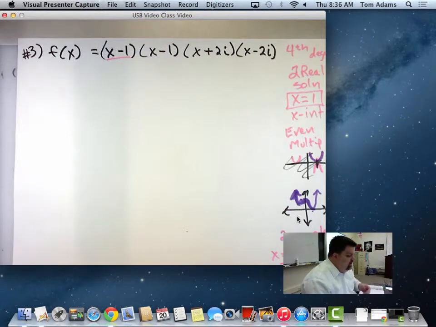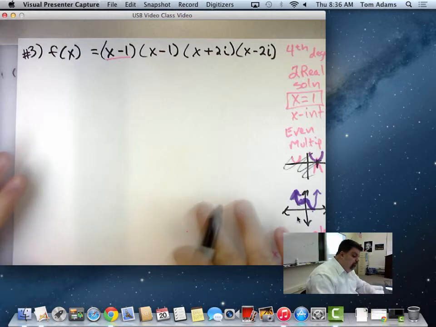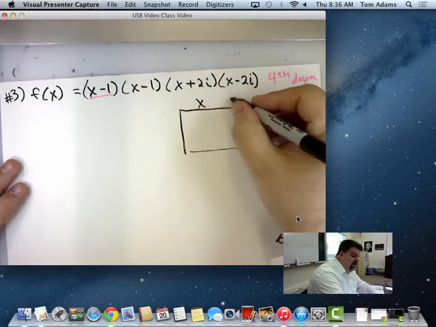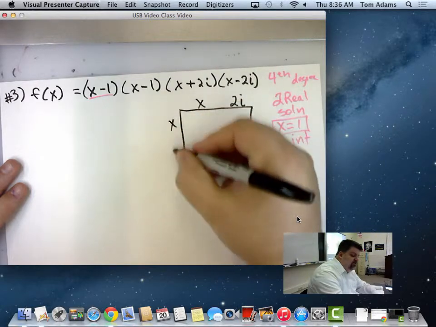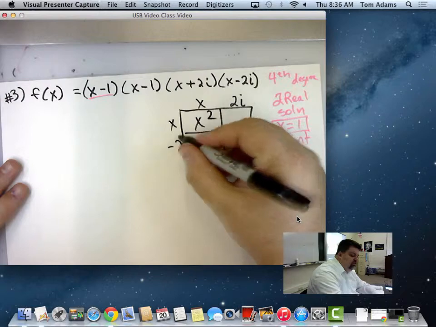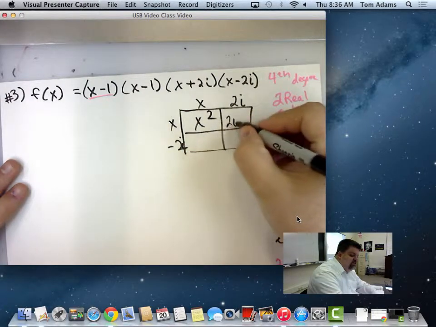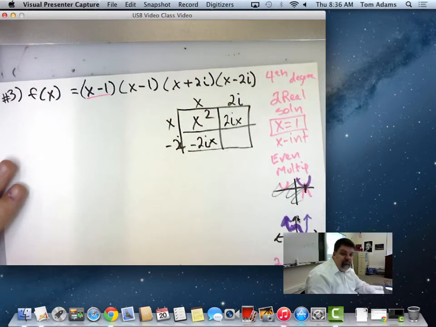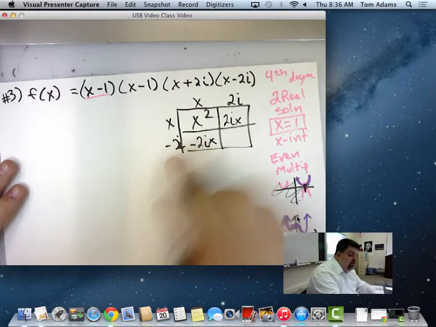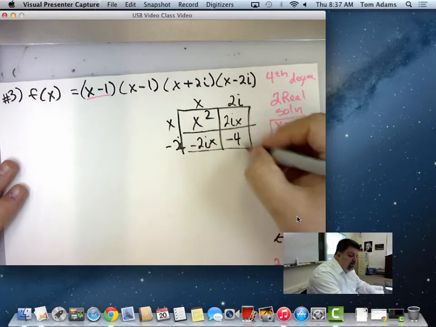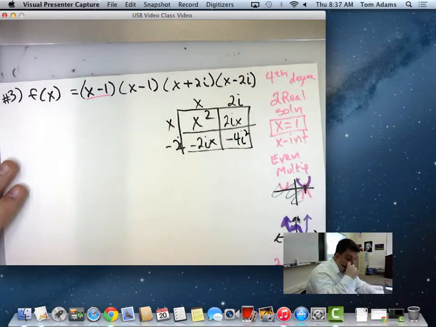All right, so now what we need to do is FOIL this bad boy out and see what we get. So I'm going to do the imaginary number first. I've got x plus 2i times x minus 2i. I get x squared, positive 2ix, negative 2ix, and then negative 2i times positive 2i is negative 4i squared.